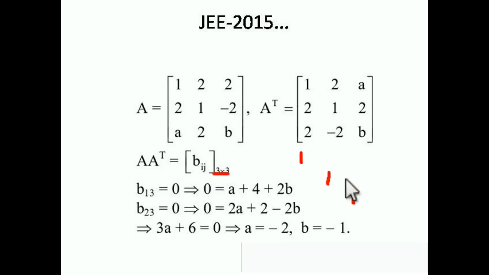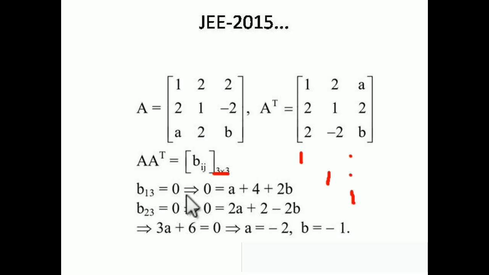Now I just make a simple equation. I take this point, that is b13, and this point, that is b23. 1 indicates row, 3 indicates column. First row and third column is here, and b23, second row, third column, is here. Both are 0 because it is an identity matrix.